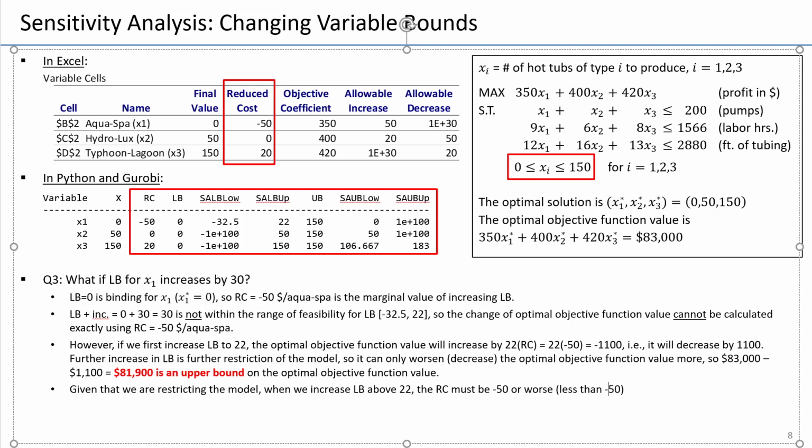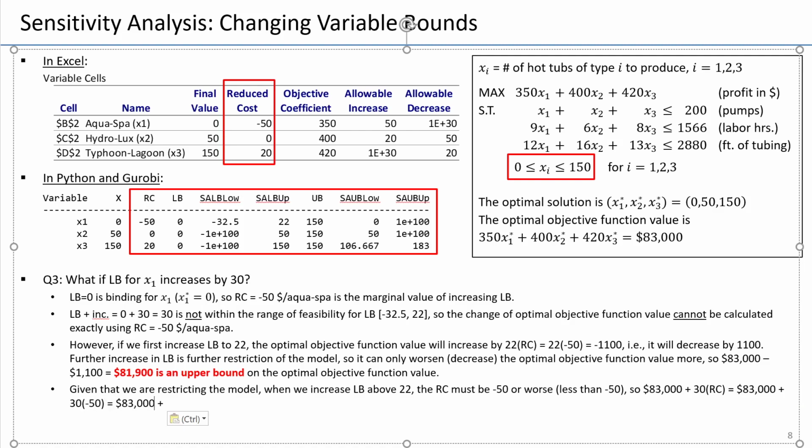And by less than minus 50, I mean minus 60, minus 70, minus 100, I don't know, right? So in that case, if I just assume 50, this is going to be the best case. The decrease of the profit by 50 will be the best case I should expect. So in other words, 83,000 plus 30 times the reduced cost, which is 30 times minus 50.